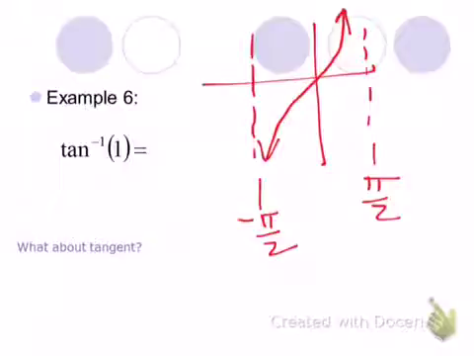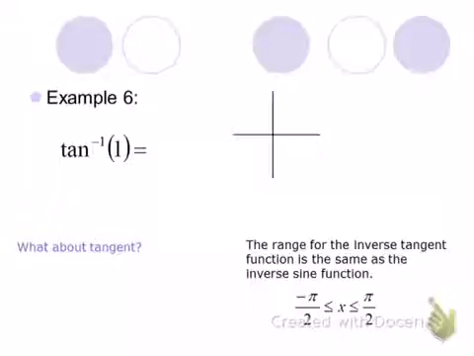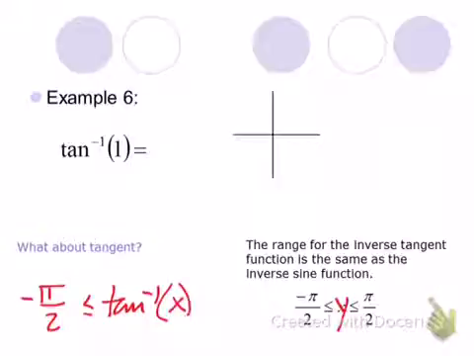So the inverse tangent of x is always going to be, just like the sine of x, between negative pi over 2 and positive pi over 2. And if we're going to use this verbiage, let's use y there instead of x. But I really like to see it written like this. Negative pi over 2 is less than or equal to the inverse tangent of x, whatever the number is, and that's less than or equal to pi over 2.